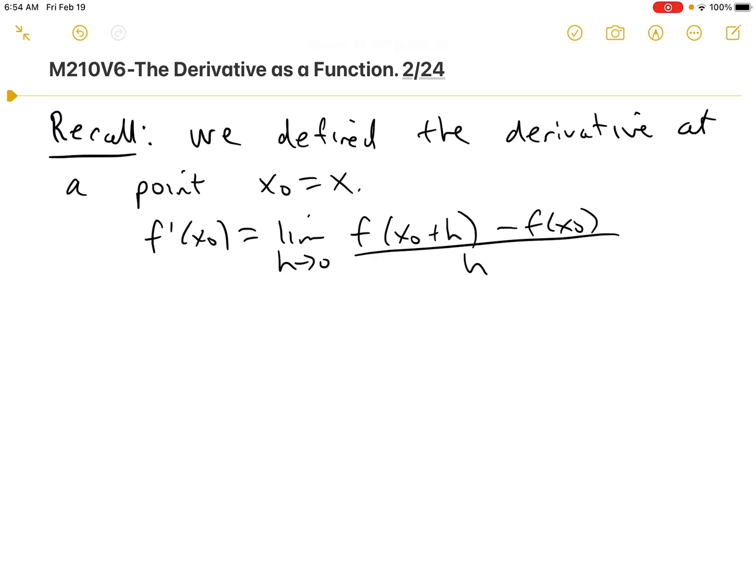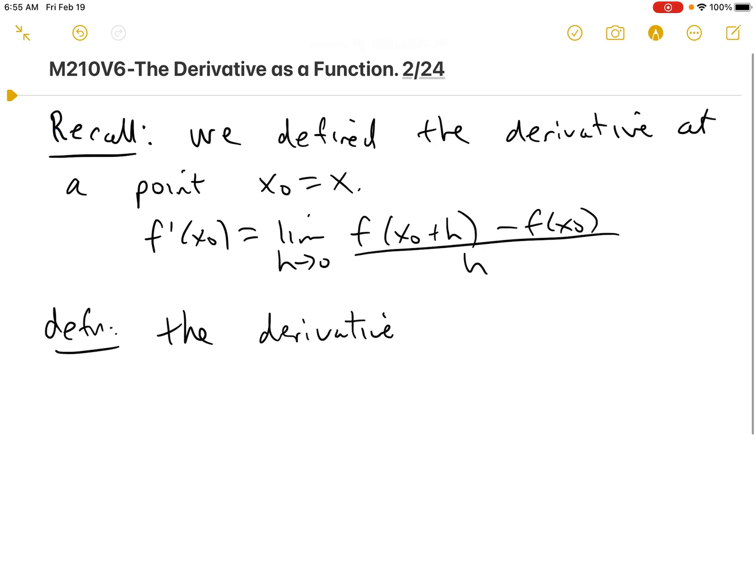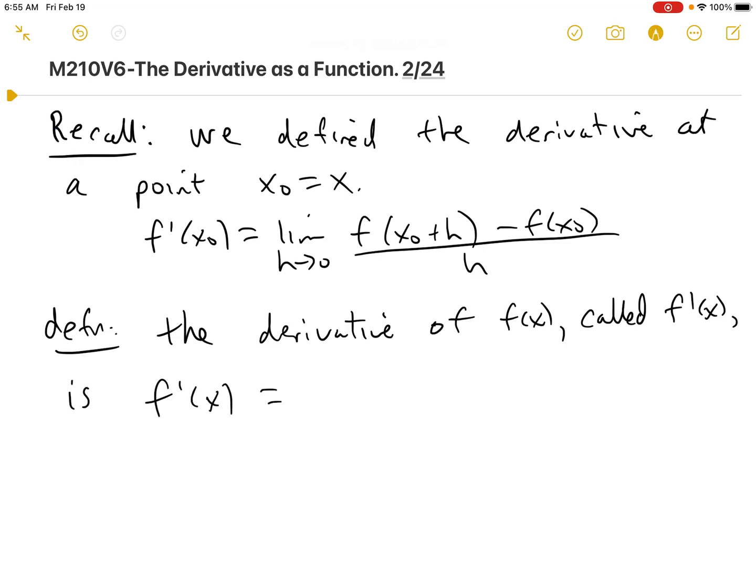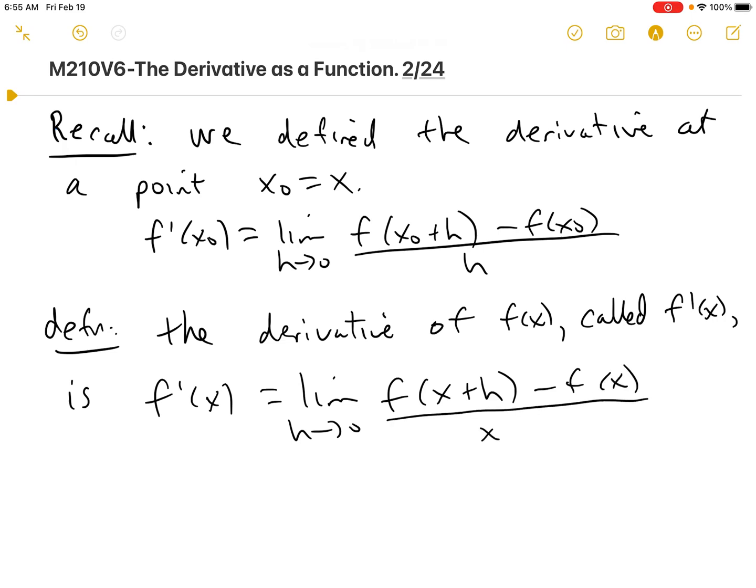So what we do is we define the derivative as a function of f. So when we say the derivative of f of x, called f prime of x, is the limit as h approaches 0 of f of x plus h minus f of x all over h.